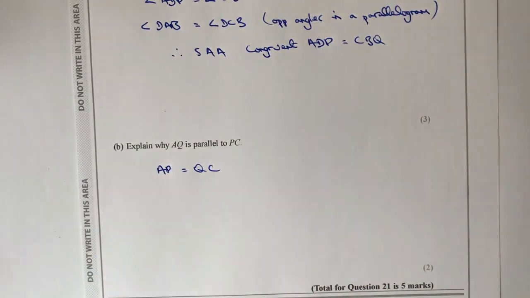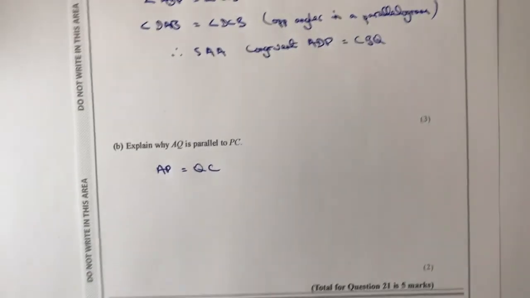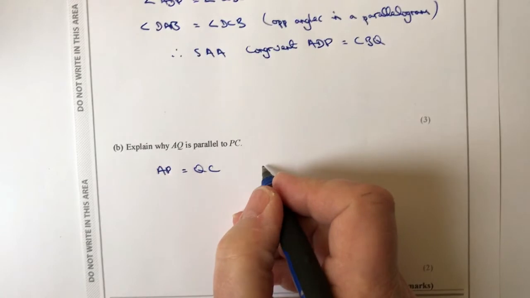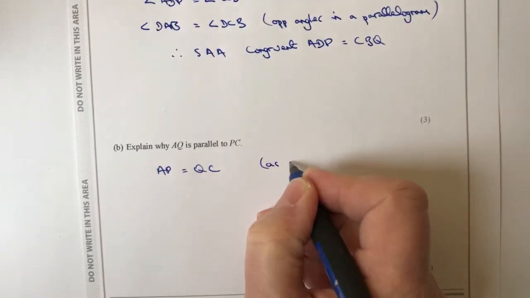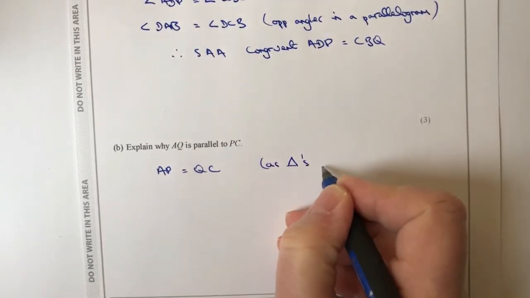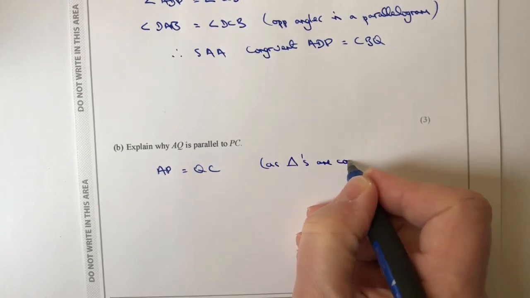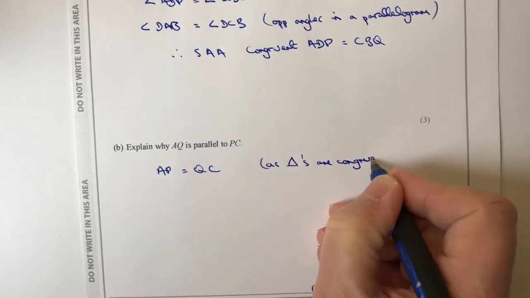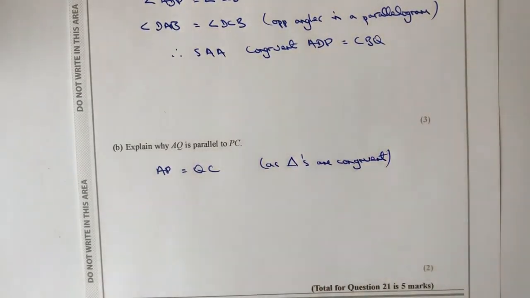Now the reason we're saying that is because the triangles that we had before in part A are congruent to each other. So we can say that as the triangles are congruent. Okay, so that's the first line, and we've taken our clue from the first part of the question itself.